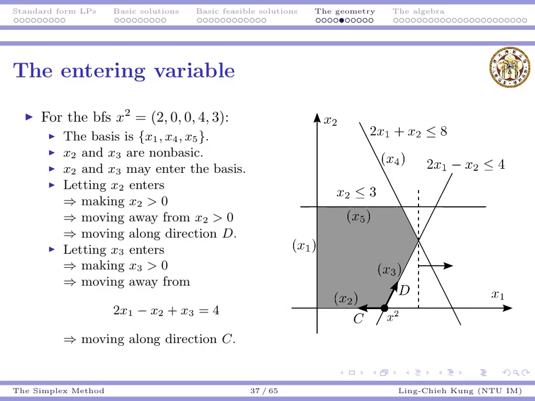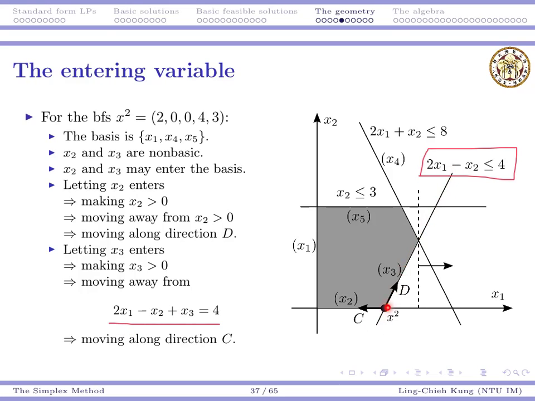But here, if we let x3 enter the basis, I need to move away from this constraint. This constraint is exactly this one. Originally, I have an inequality constraint like this, but to make it equality, I need to add a slack variable x3 here. If I want to make x3 positive, that means I want to make the original left-hand side less than 4. This constraint is here.